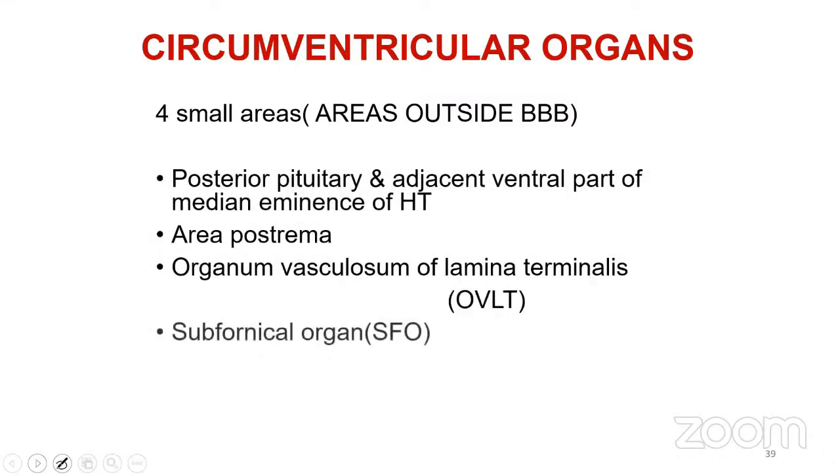So you have to learn these areas by heart. The easy way to remember this, the code is MOPS. M for median eminence of hypothalamus. O for OVLT, organum vasculosum lamina terminalis.